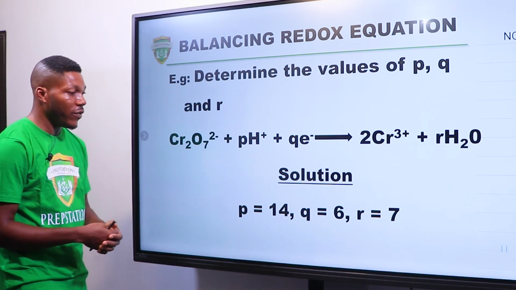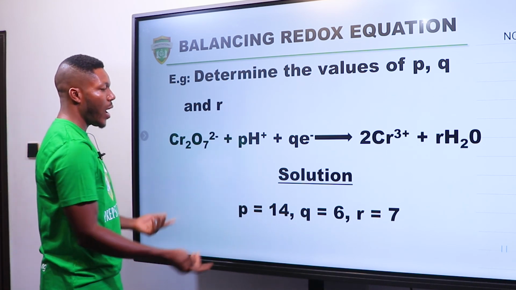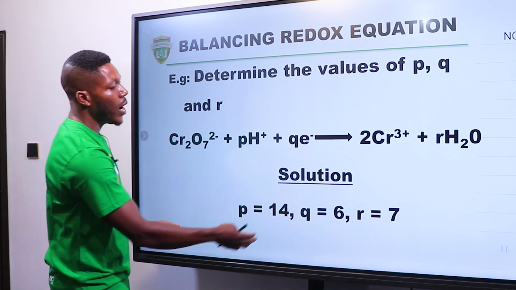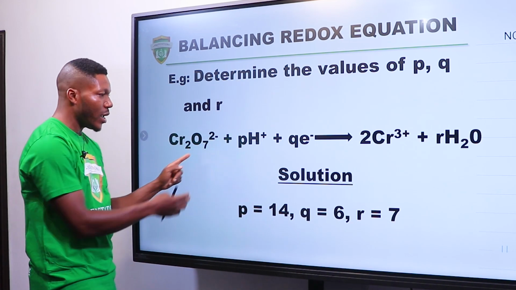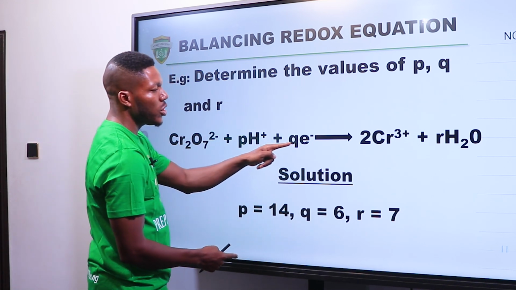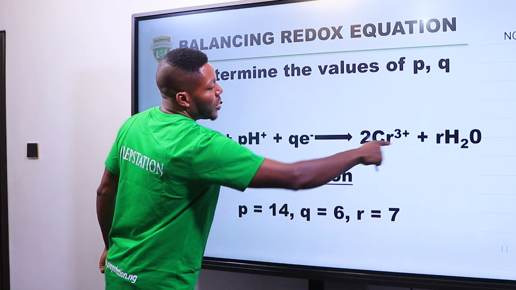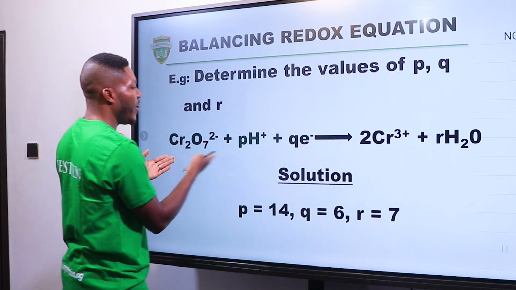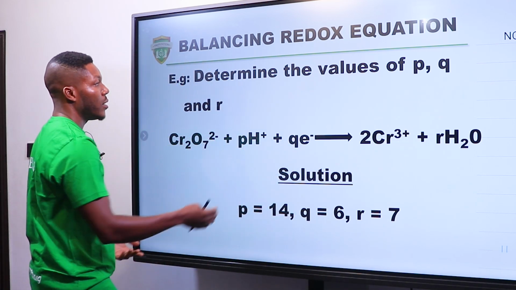That is not difficult. So your P equals 14. I explained how we got the 14. Then your R is 7, and your charge, to make sure that your charges correspond, both the reactants and the product are the same.